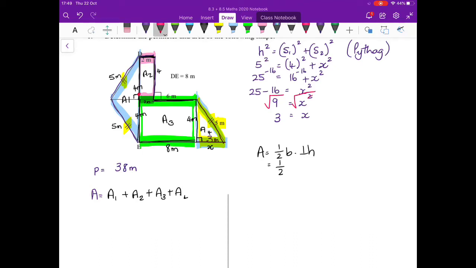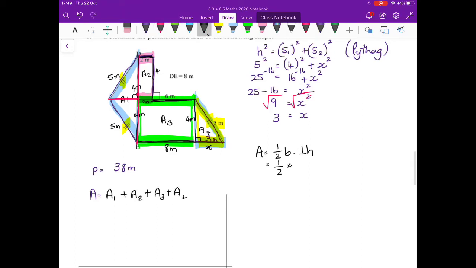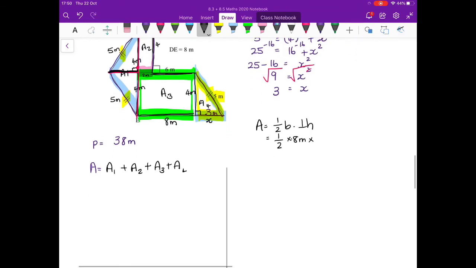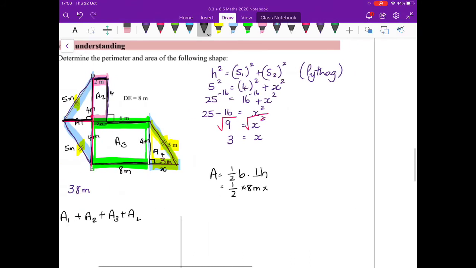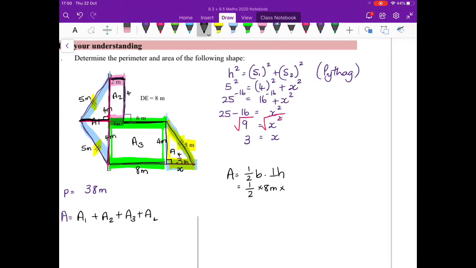So it is going to connect this side multiplied by that side. Now you will see from our working that we have the base, which is 8 meters, but I don't have the perpendicular height. But I can find the perpendicular height by doing Pythag again.